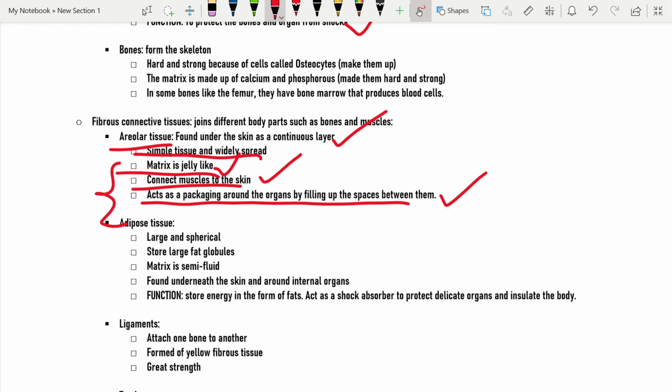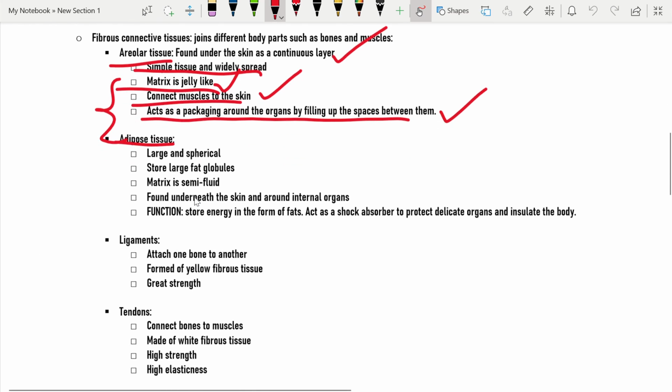Areolar tissue is too. Alright, then we've got adipose tissue, which is large and spherical. It stores large fat globules. So it stores fat. And the matrix is semi-fluid, meaning it's not really fluid, not solid, in the middle. It is found underneath the skin and around internal organs.